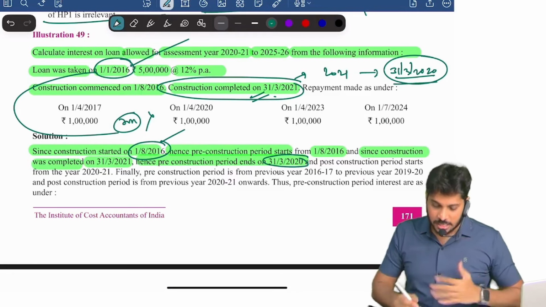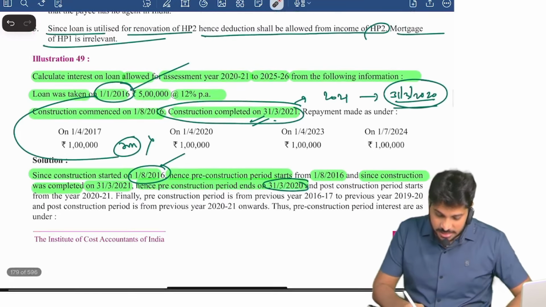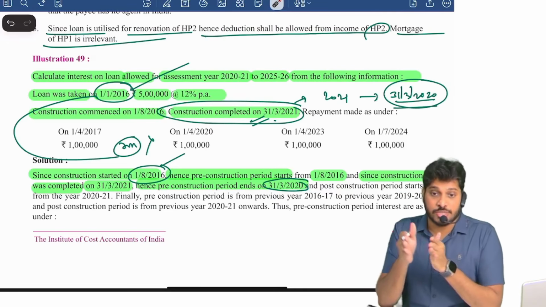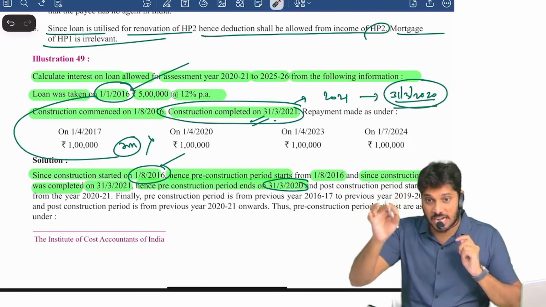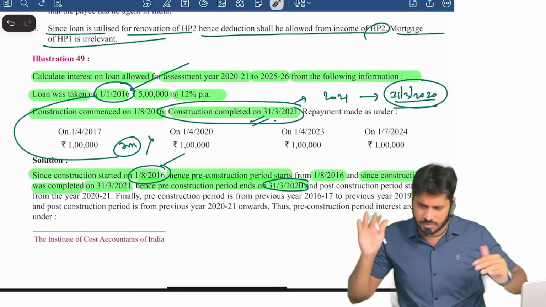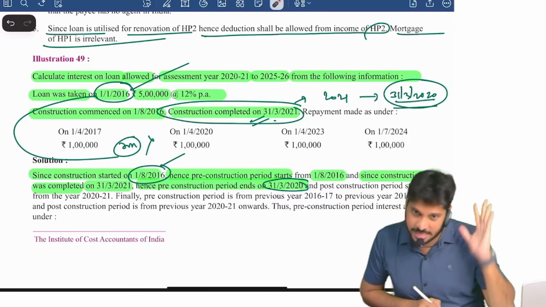But in the book, since they have taken only the construction starting date, we will also stick to the same logic. Construction starting date, we will stick to that. Maybe there might be some case law judgments on that. Ignore it, because in the CMA book they have started from the construction beginning date. Able to understand?